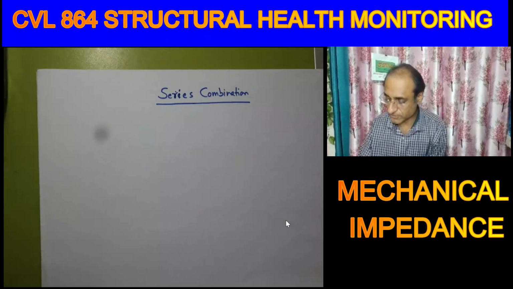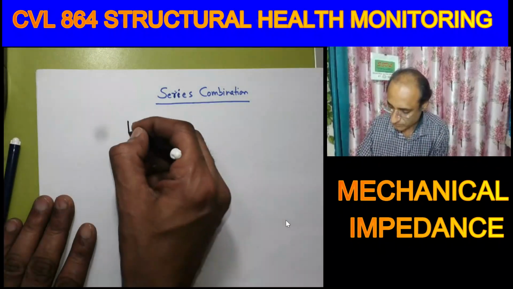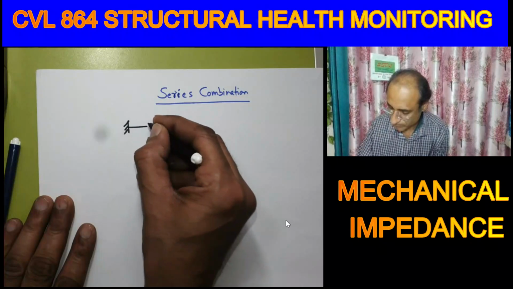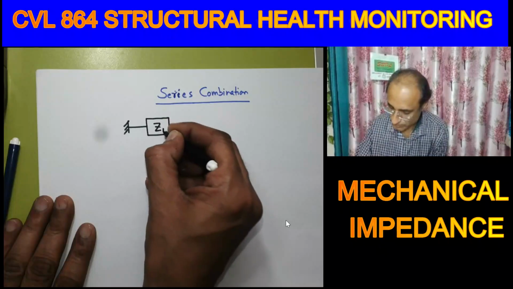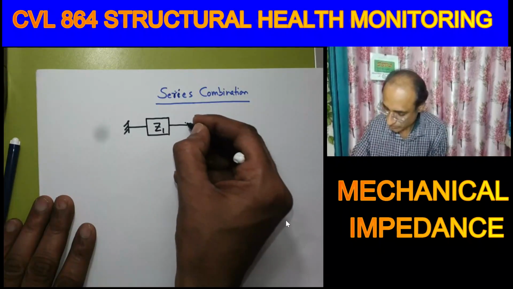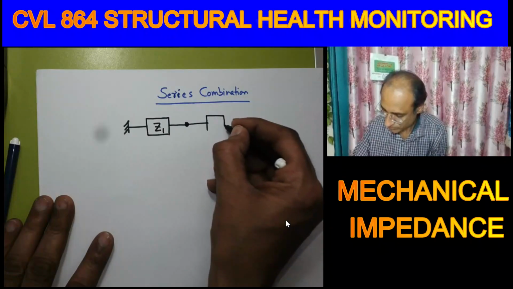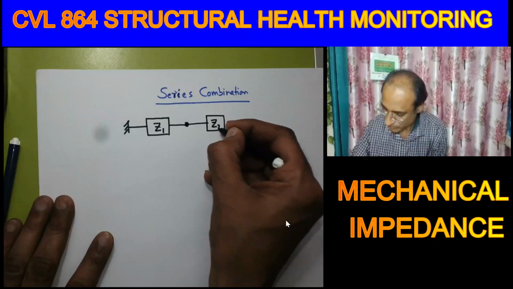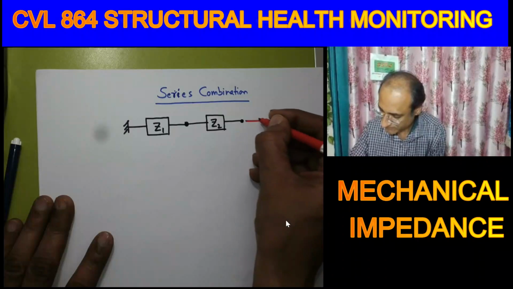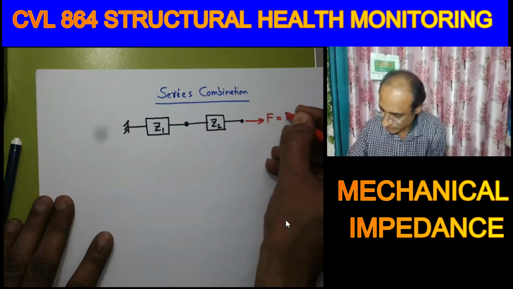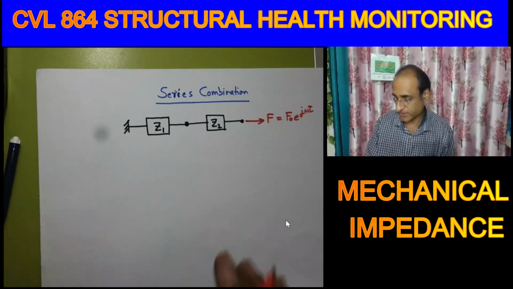Let's say we have the two impedances like this, and here we have the force acting F. Now what will be the equivalent impedance?